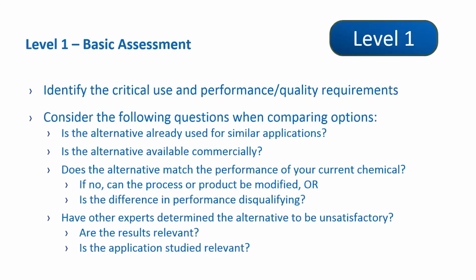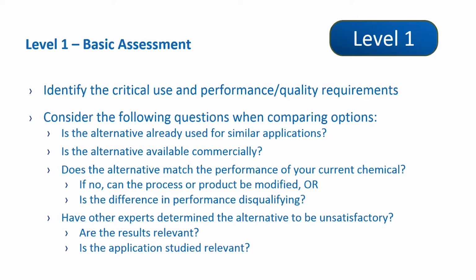Okay, let's look at the first tier of technical feasibility assessment, level 1, the basic assessment. At this level, you want to first identify critical use and performance or quality requirements. Remember, you should already have this information from the work you did at the scoping phase of your assessment.